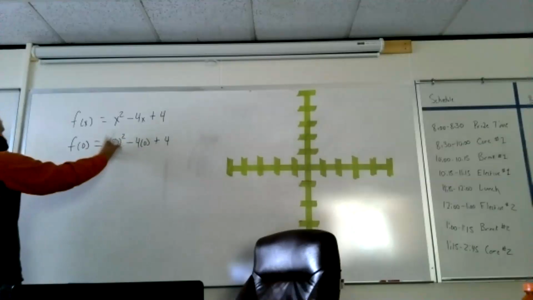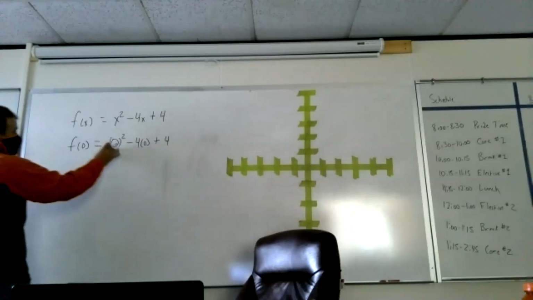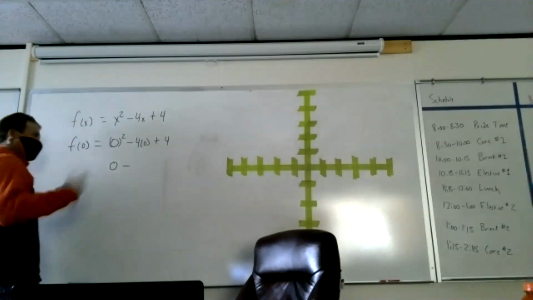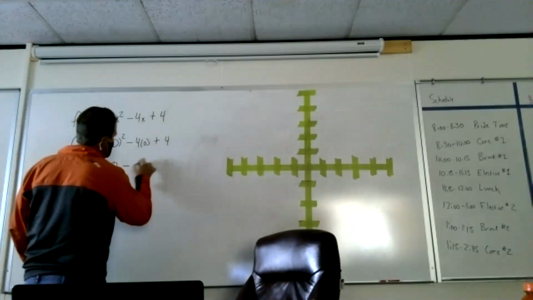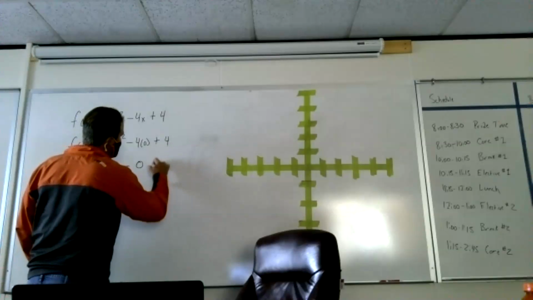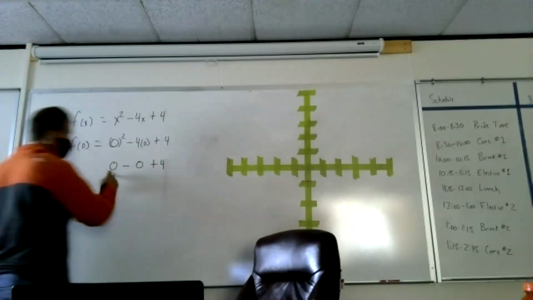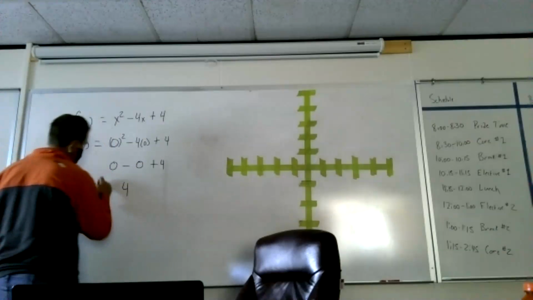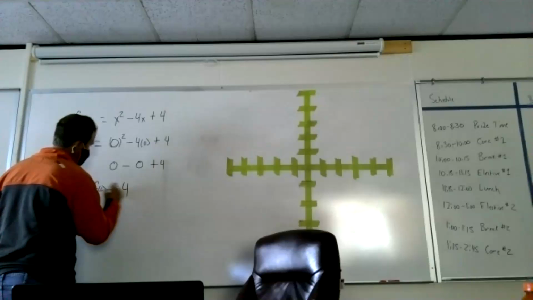PEMDAS makes me start with my exponents. 0 squared is 0. Minus 4 times 0, anything multiplied against a 0 is 0. The constant stays as a plus 4. So 0 minus 0 plus 4 gives you the value of 4 for f of 0.